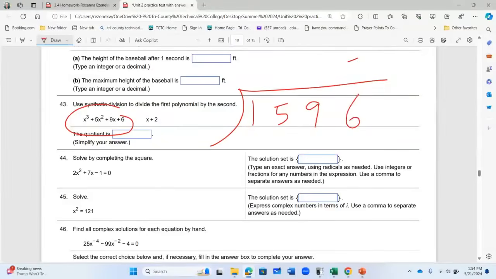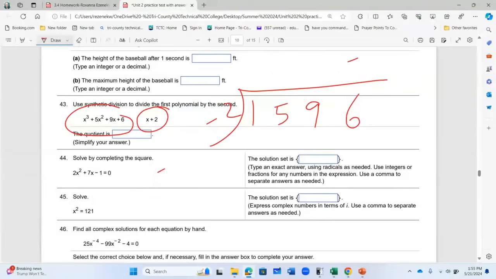It is in standard form. I have collected the coefficients. The divisor is x plus 2, but since I'm doing synthetic division, I solve x plus 2 equal to 0. So x is equal to negative 2 is the only divisor I have. Now I am going to divide.